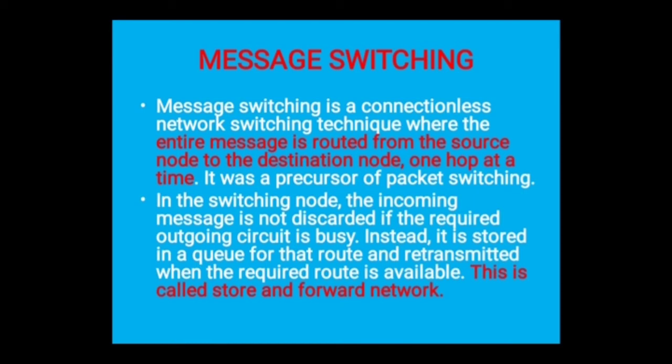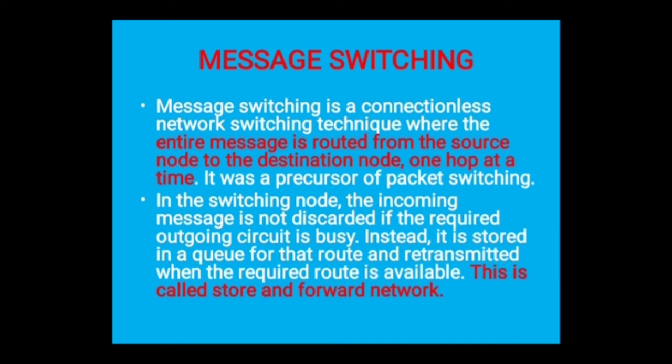So it is a connectionless network switching technique where the entire message is routed from source to destination node one hop at a time. For example, I want to send data from one source to one destination, and in between there are three switching offices. My message will go to the first switching office first, then to the second, and then to the third one. So it goes one hop at a time.